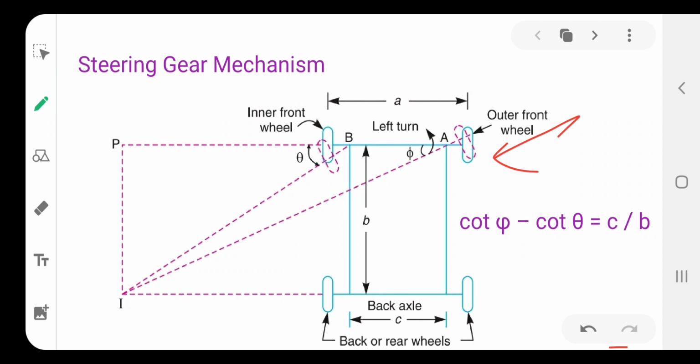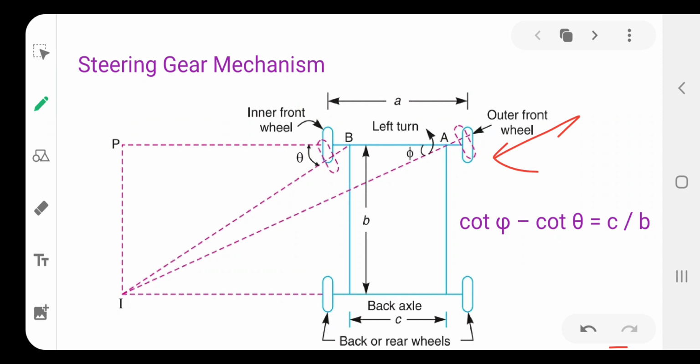In automobiles, the front wheels are placed over the front axles, which are pivoted at the points A and B. These points are fixed to the chassis.